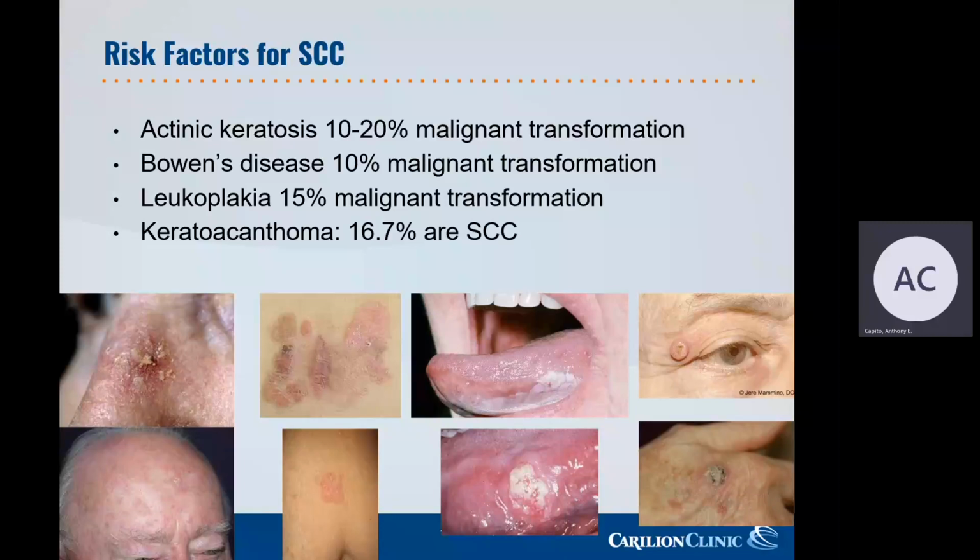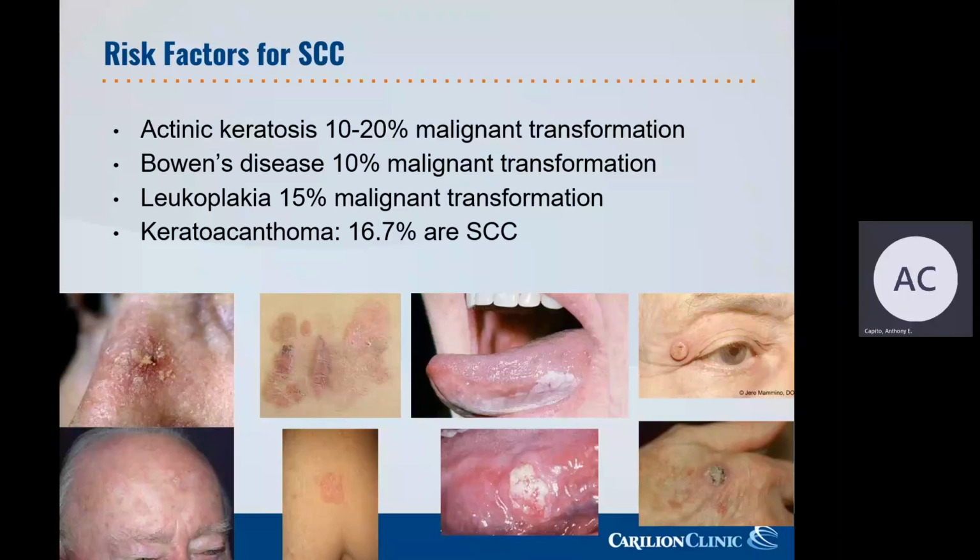Bowen's disease is squamous cell carcinoma in situ. This can turn into malignant invasive squamous cell with time, about 10%. Same as leukoplakia of the tongue, about 15% chance of transforming into malignancy. And then here is that aggressive lesion that can turn into a squamous cell, 16.7%, keratoacanthoma.